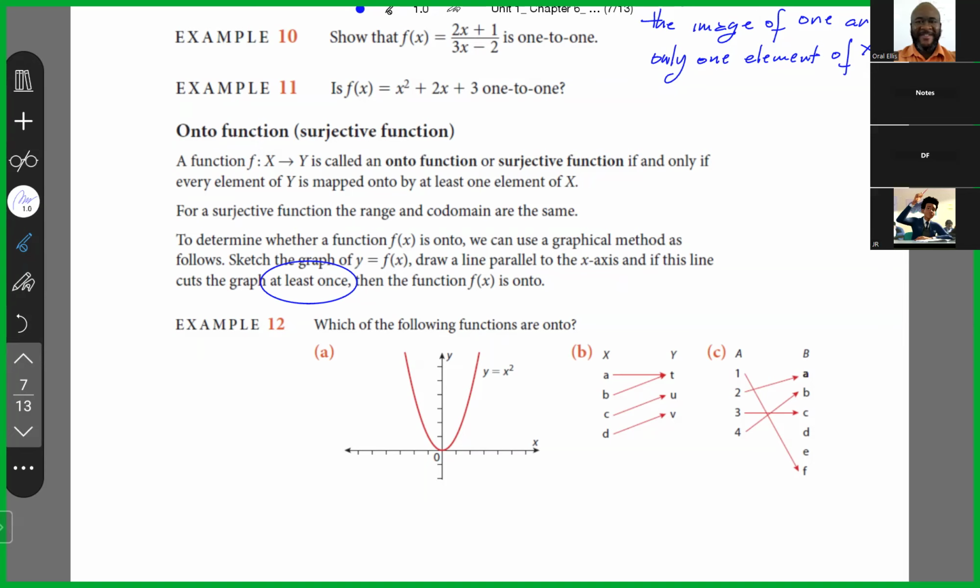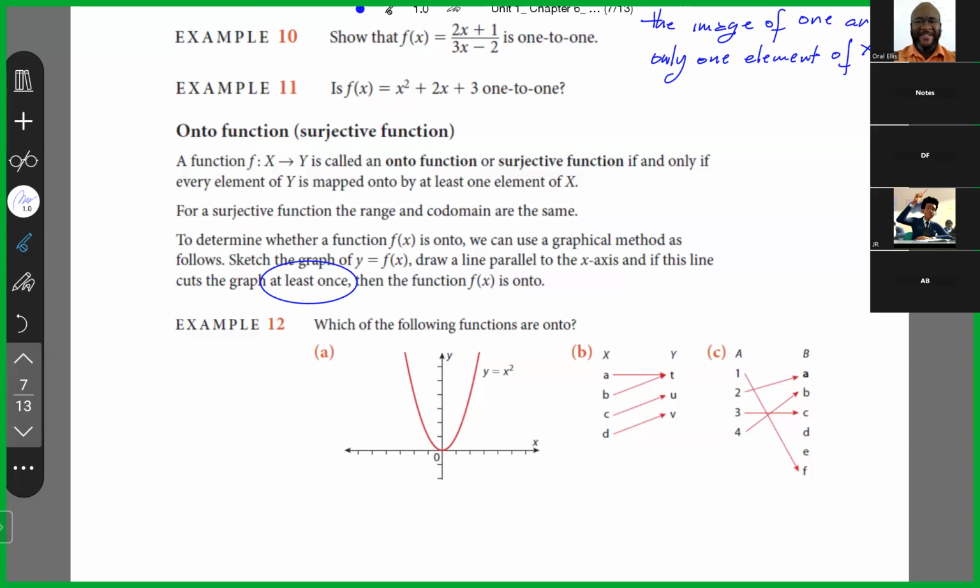For it to be surjective, the horizontal line must cut the graph at least once. Now, at least means one time or more than one time. So it must cut it at least once.